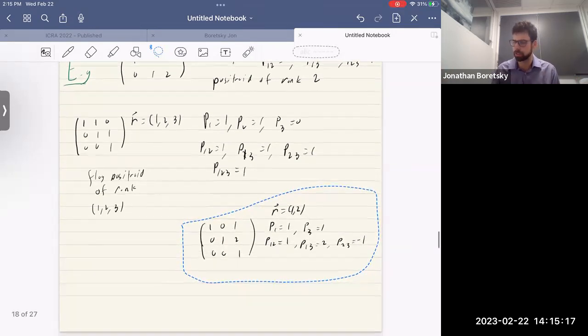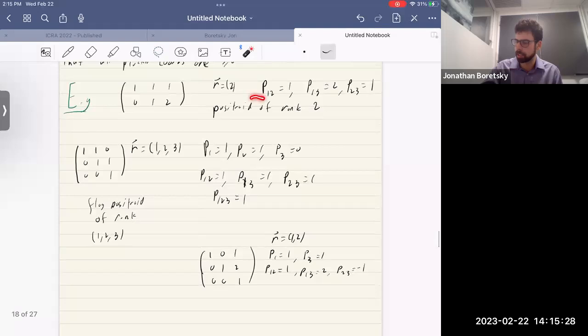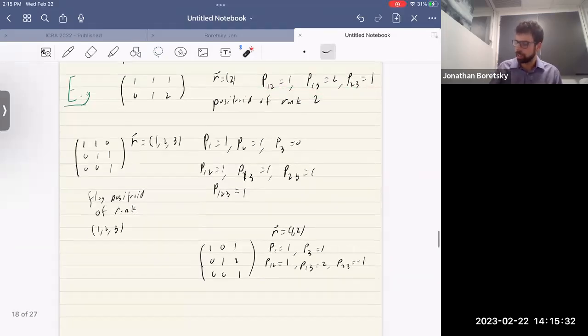So the first row is a positroid. The first two rows, the non-zero Plücker coordinates are 12, 13, and 23. That's exactly the positroid we saw up here. However, when I write the matrix in this way, P23 is equal to -1. So that Plücker coordinate is negative. So the way this is written, this is not a representative of a flag positroid.